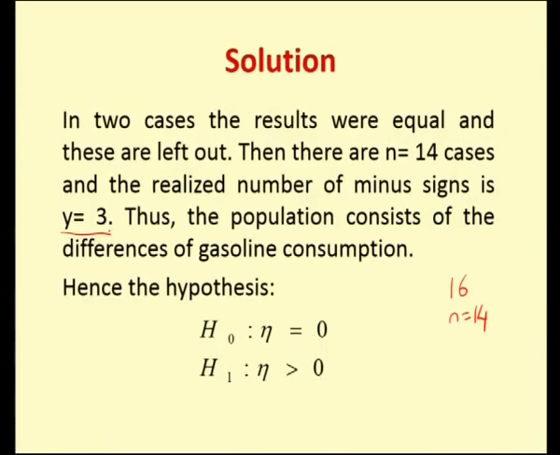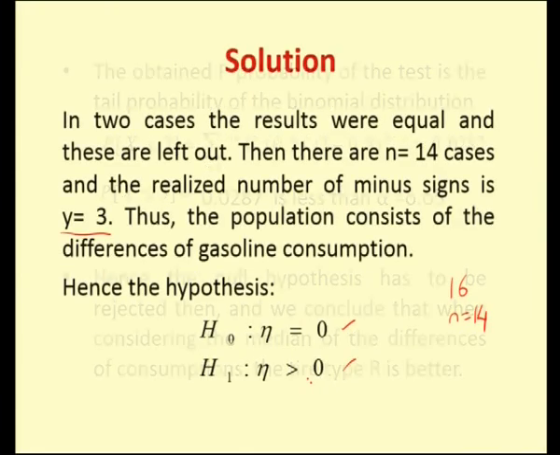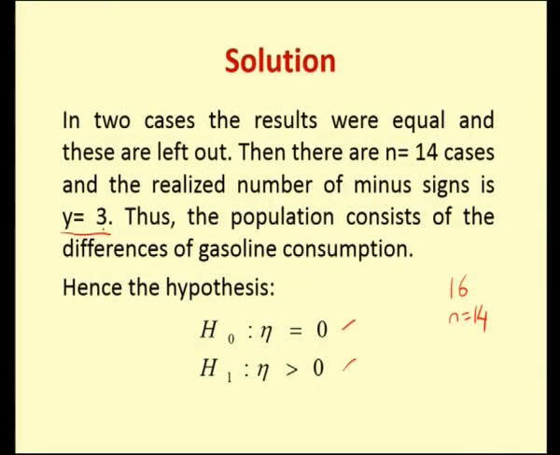So the population consists of the difference of gasoline consumption, hence the hypothesis you are going to test is H naught such that eta is equal to 0 against the alternative, I have taken eta greater than 0, median value greater than 0. So here you find that the number of minus signs is 3.